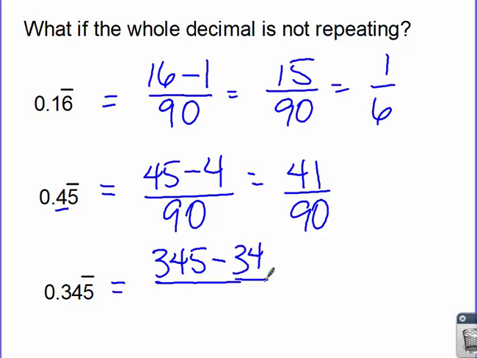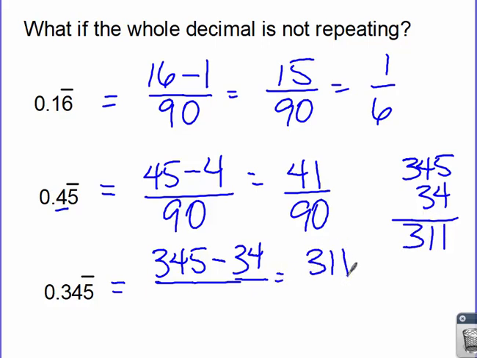We may have to come over to the side and subtract that, and you can do that on your calculator. I end up with 311. And on my bottom number, I have one number that repeats and two numbers that don't repeat, so I end up with 311 over 900.